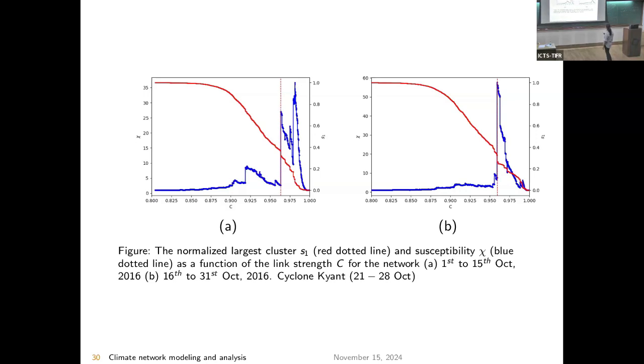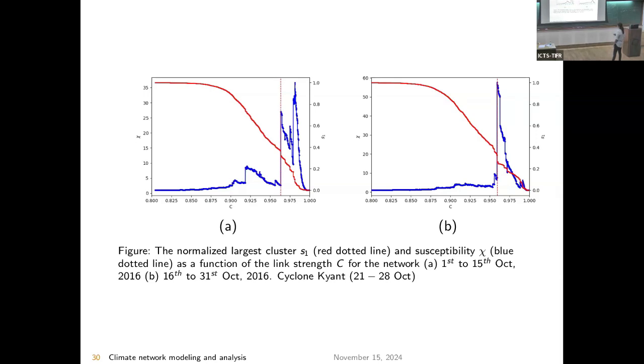Though it is different from El Nino, where indicator years showed higher susceptibility before the episode, in the cyclone you actually see the higher value of susceptibility when the cyclone was taking place. The scale is also quite different between the 15 day network before the cyclone and the 15 day network during the cyclone.